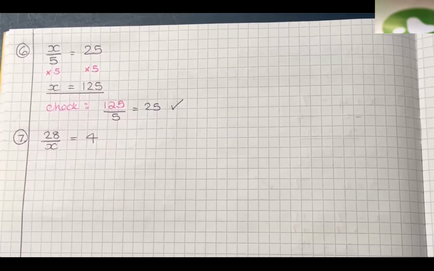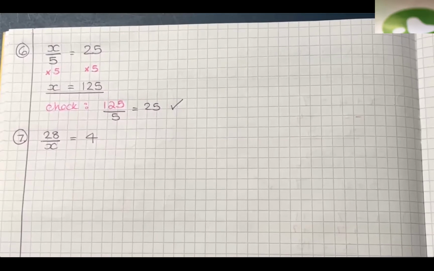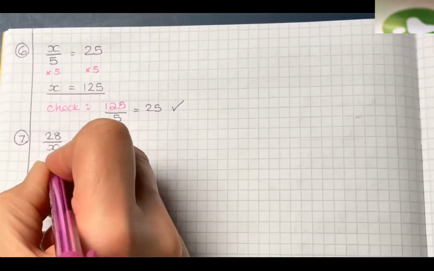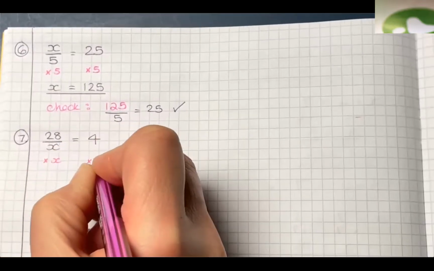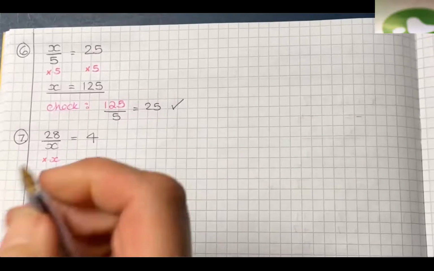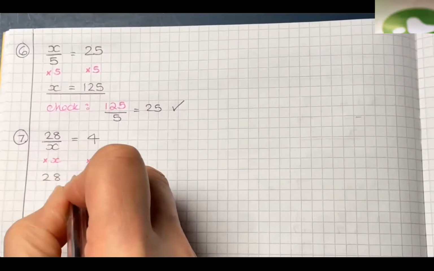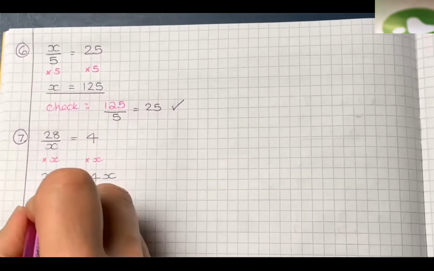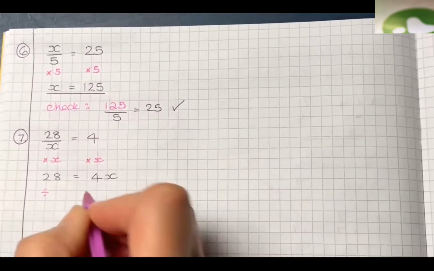But remember, I need you to use the balancing method. Really important. So I'm going to multiply both sides by x. That gives me 28 equals 4x. Now I can divide both sides by 4.